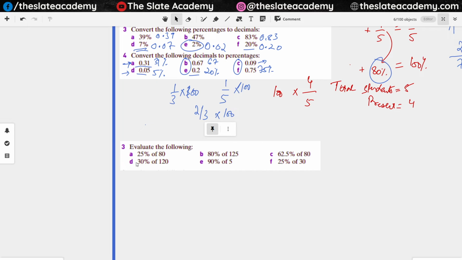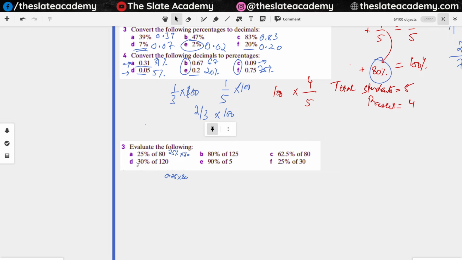If you have to calculate any percentage of any number, 25% of 80 would mean 25% multiplied by 80. 25% I can write in decimal form as 0.25. So it would be 0.25 into 80. You can use the percentage sign on your calculator as well, but if you know how to quickly convert between percentages and fractions, you'll be able to do these questions a lot quicker.